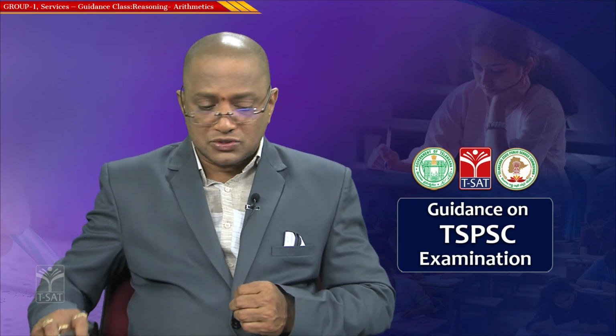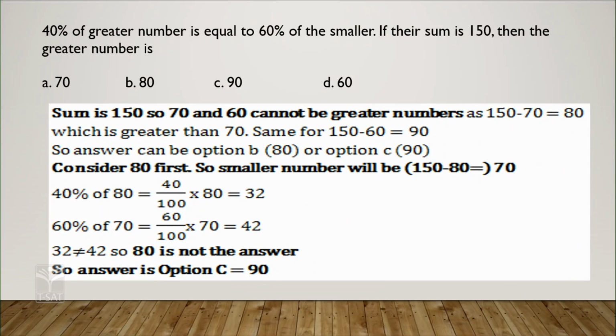Okay. Now we have to shift to the next. 40% of the greater number is equal to 60% of the smaller number. If their sum is 150, then what is the greater number? See, there is a lot of logical reasoning here. If you want, you can calculate with respect to x and y, because we don't know the greater number.